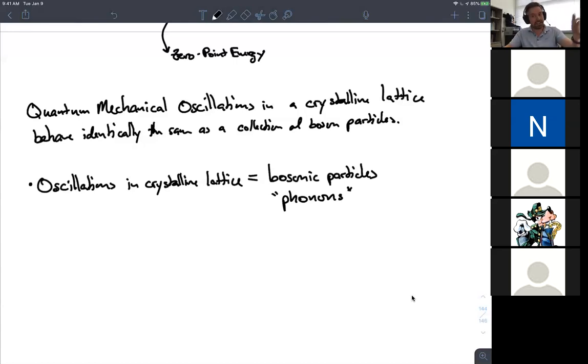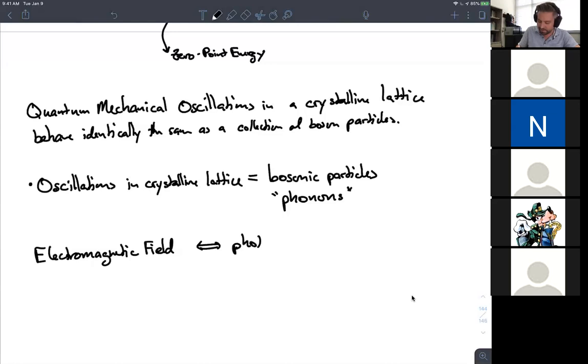And so the idea behind quantum field theory is exactly the same, right? Every kind of particle you can imagine is associated with some kind of field. So for example, the electromagnetic field. When you excite the electromagnetic field, those excitations look like particles, and what those particles represent are photons.